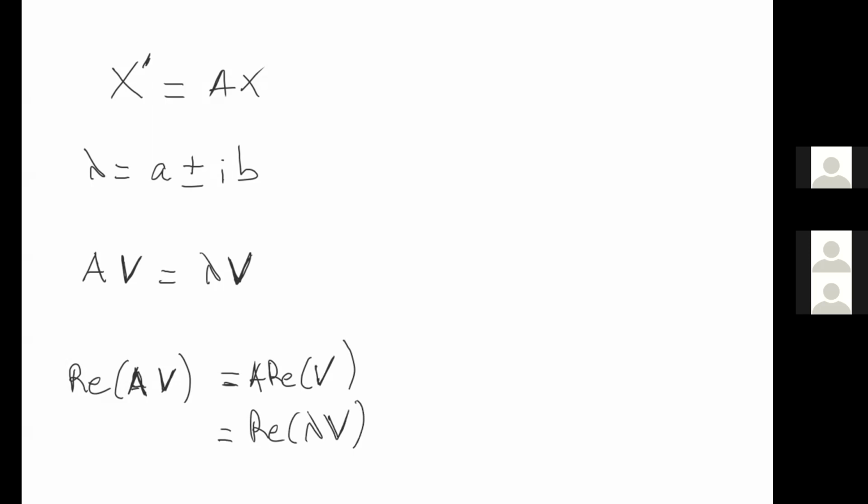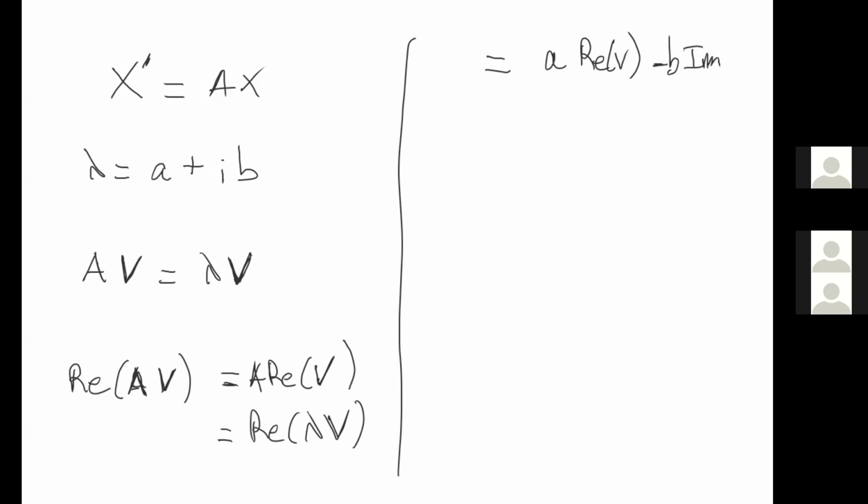And the real part of lambda v is the real part of lambda, which is a, times the real part of v, minus b times the imaginary part of v, where v is my eigenvector.